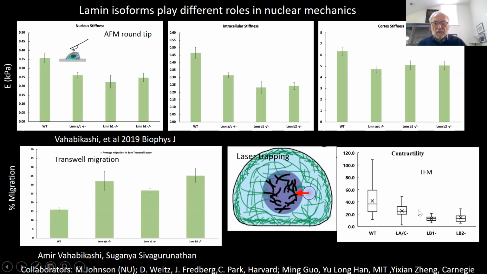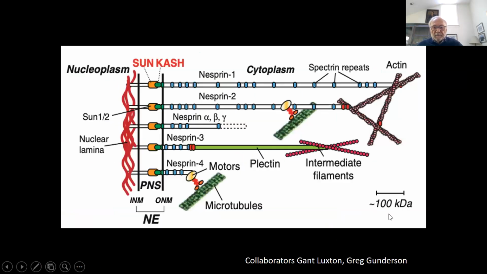So even the cell surface, the way it interacts with the substrate, is influenced by the nuclear lamins. Just to tell you that we're now looking at the possibility that the linkage between the lamins and the cytoskeleton and the cell surface through the intermediate filament network, we think, especially vimentin, looking at elements of the LINC complex.